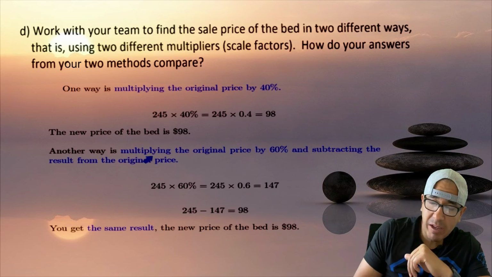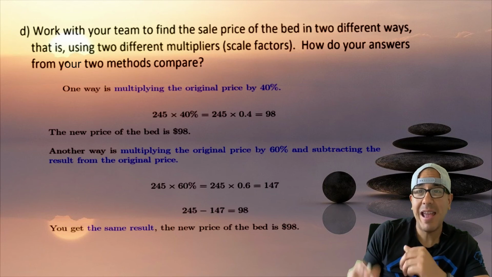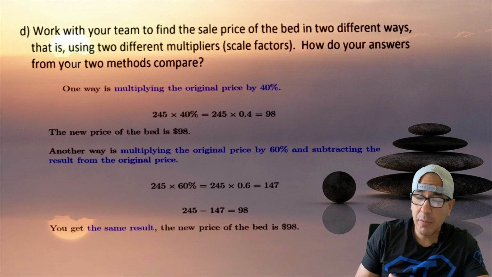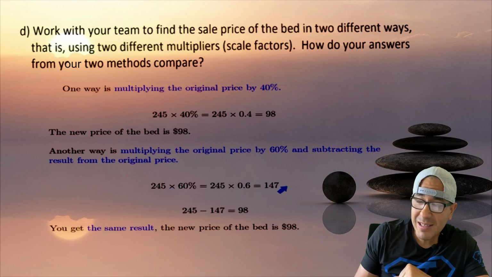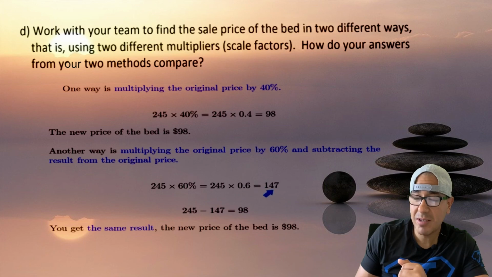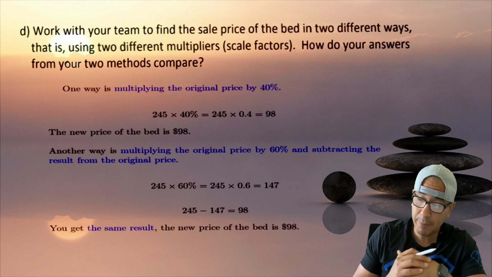The second way, another way, is multiplying the original price by 60%. And notice if you do that, that gives you your discount. So if you multiply 245 times 60%, again, move that decimal place over two times, this gives you how much we're getting off. So this is our discount, right? It's $147 off. It's pretty good, right?